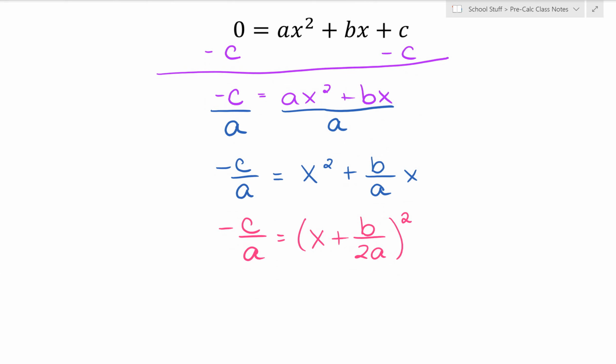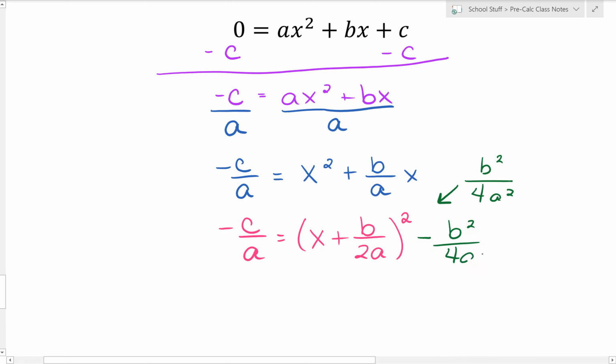But I just put into my equation here, I put in b squared over 4a squared, because I put in that guy squared. So you can either think about it as I put it in over here, so I need to take it out, or you can think about it as, hey, I put it in on this side, so I also need to put it in on this side.